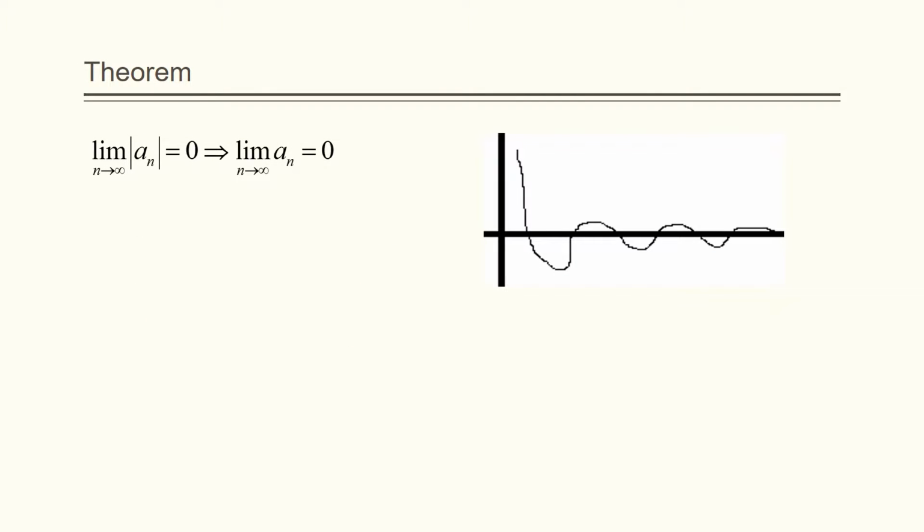A theorem to also keep in mind is that if the limit as n approaches infinity of the absolute value of an equals 0, then the limit as n approaches infinity of an also equals 0, as shown by the graph.